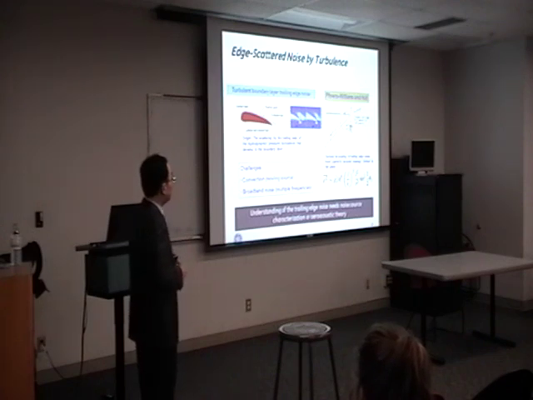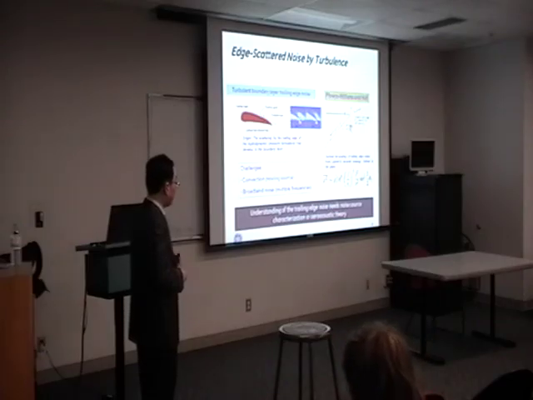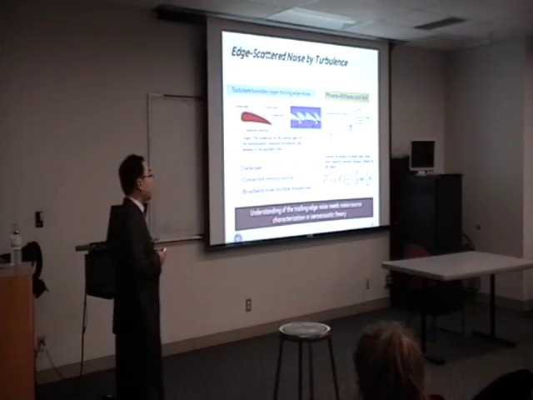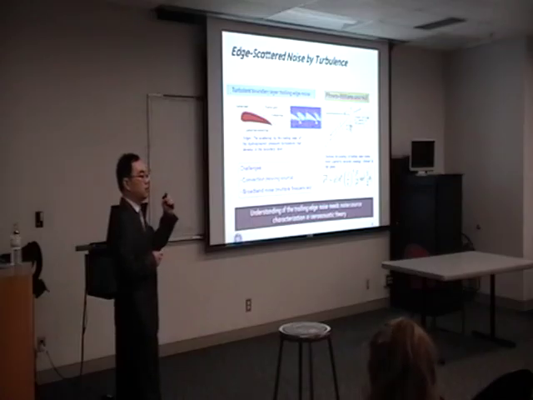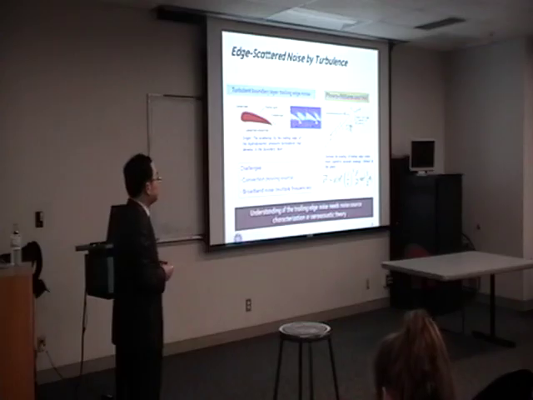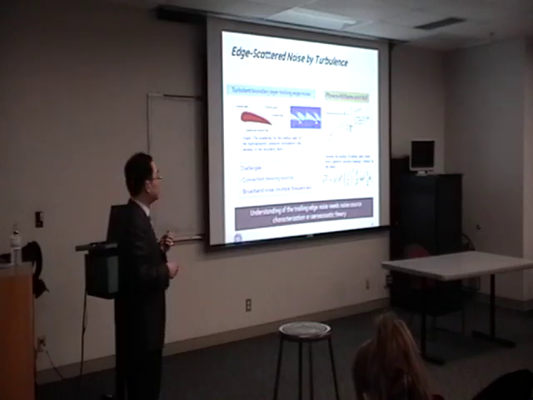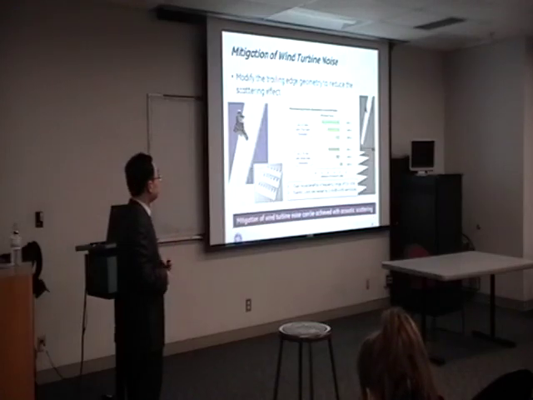They show that acoustic energy is proportional to the fifth power of the Mach number. So if you think about the wind turbine, the highest Mach number occurs at the blade tip because of the rotation of the wind turbine. So most of the aerodynamic noise is generated near the blade tip. So that is explained by these equations.